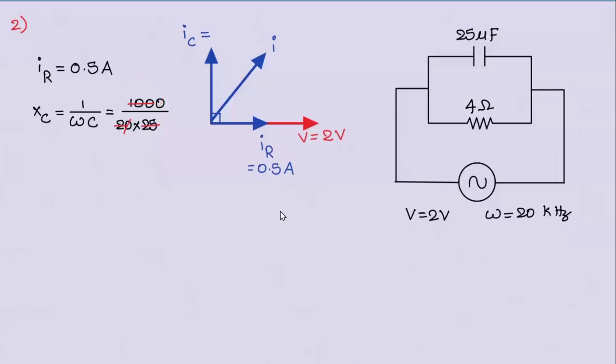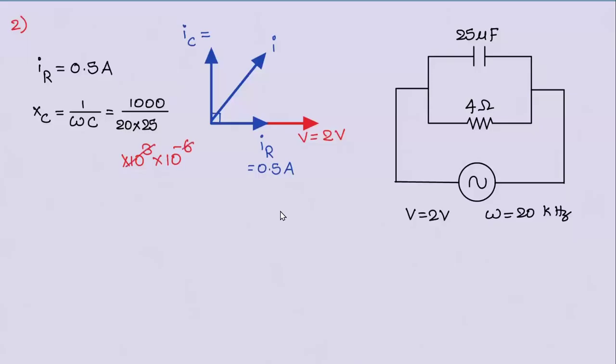Some calculation error. The reason is that generally when I create questions initially, I don't go that deep, but there's no option. Sir, 20 into 10 power 3, sir. Yeah, 20 into 10 power 3. Okay. 25 into 10 power minus 6, right?